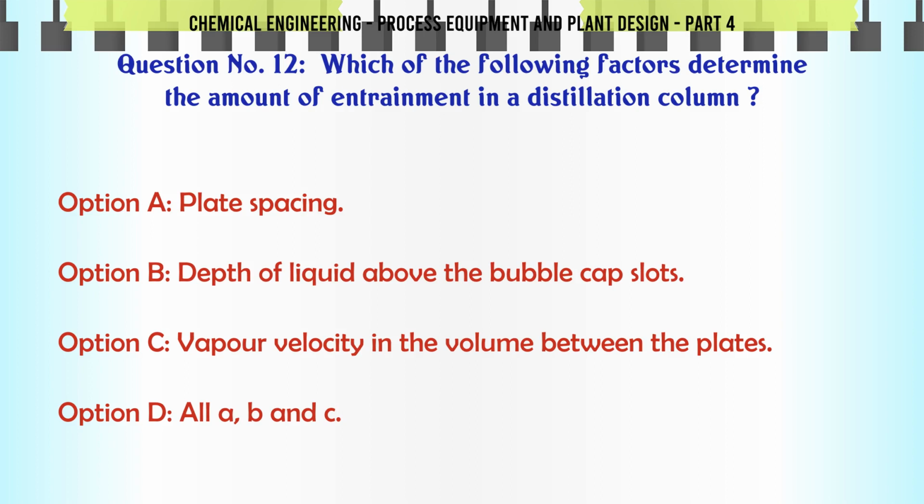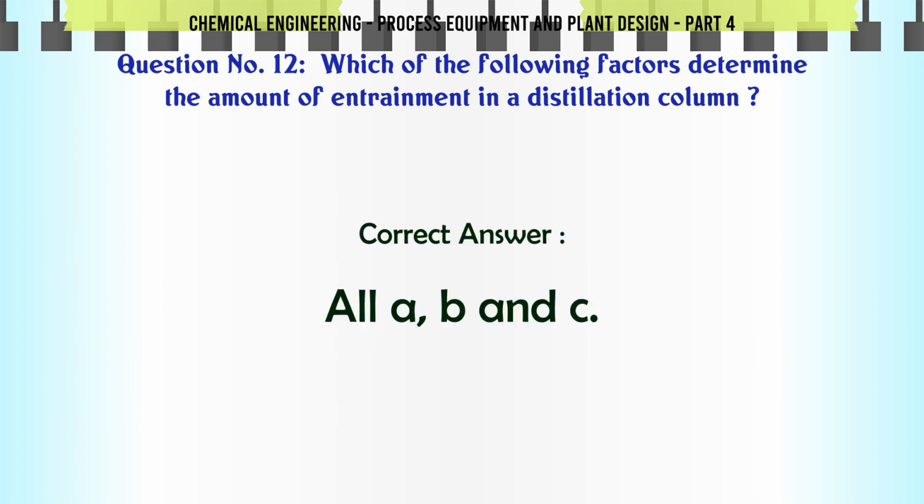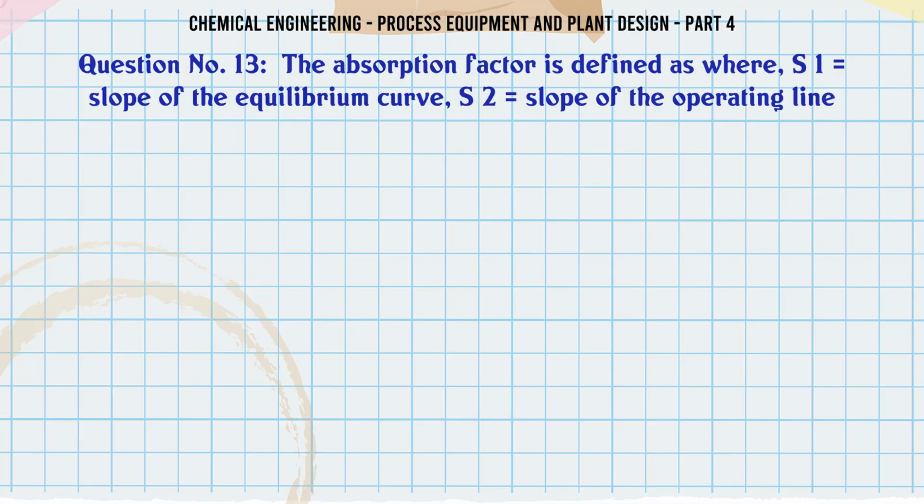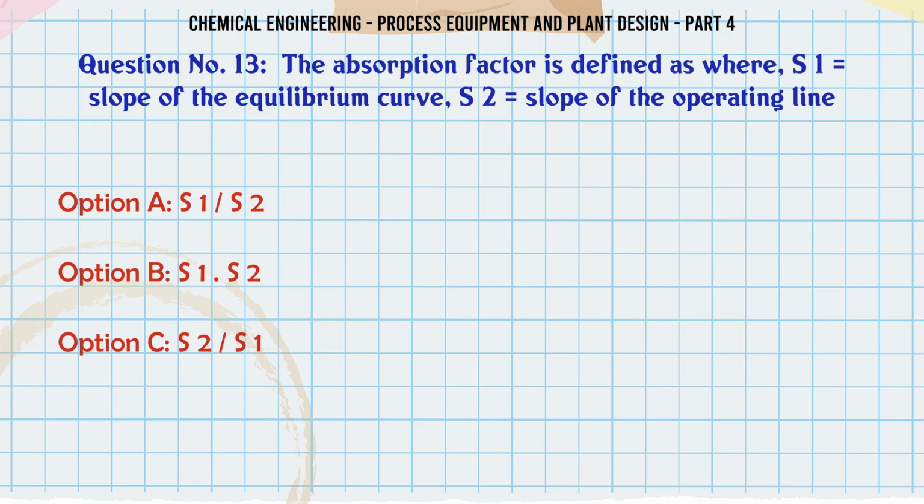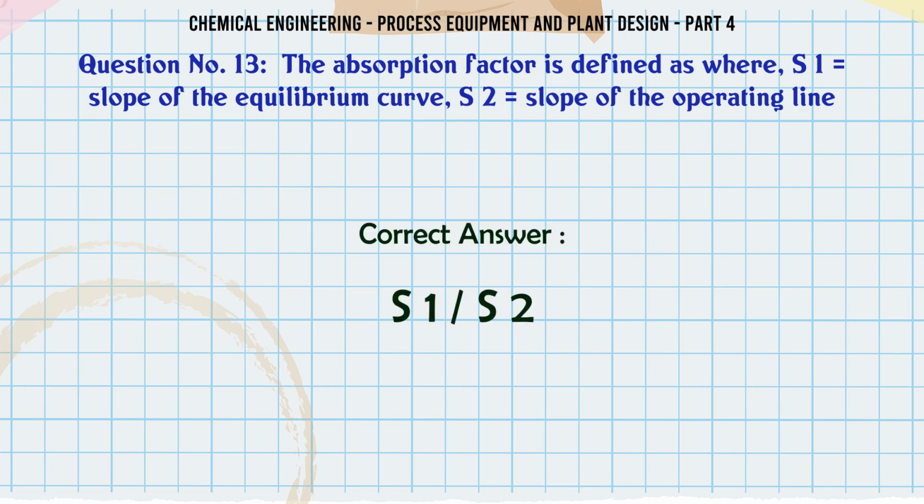A) Plate spacing, B) Depth of liquid above the bubble cap slots, C) Vapor velocity in the volume between the plates, D) All A, B and C. The correct answer is all A, B and C. The absorption factor is defined as, where S1 is the slope of the equilibrium curve and S2 is the slope of the operating line: A) S1/S2, B) S1×S2, C) S2/S1, D) 1/(S1×S2). The correct answer is S2/S1.